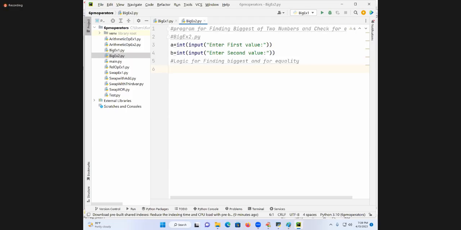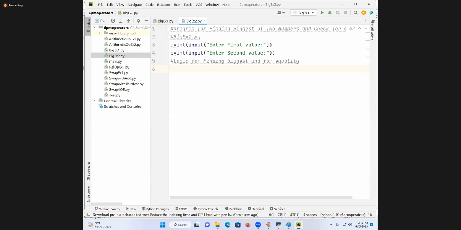You answer my question: A greater than B. What is the answer? A greater than B, answer is A. 10 greater than 5. What is the answer? 10. 10 greater than 20. Answer is what? False. Okay. Answer is B. That is expression 2.